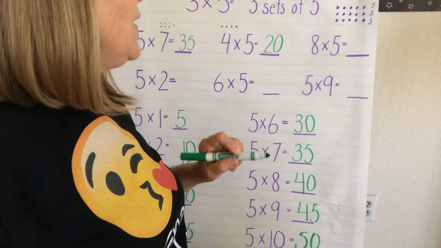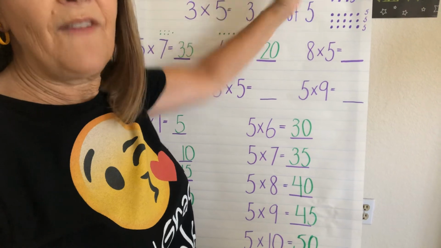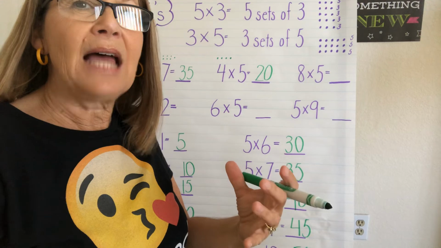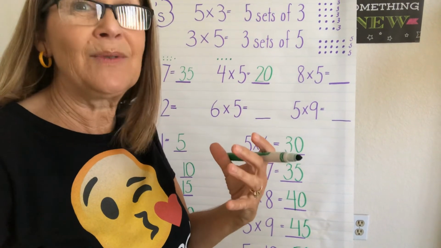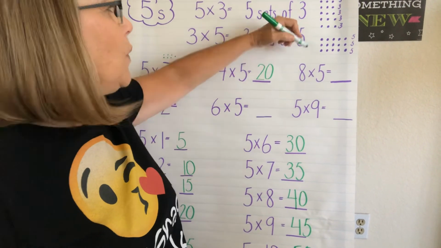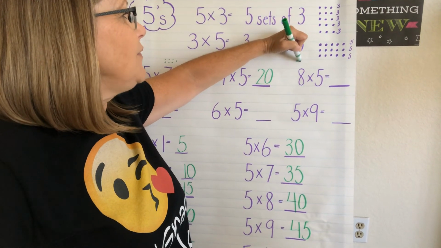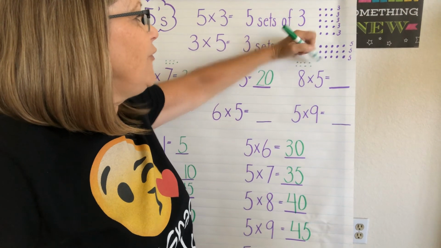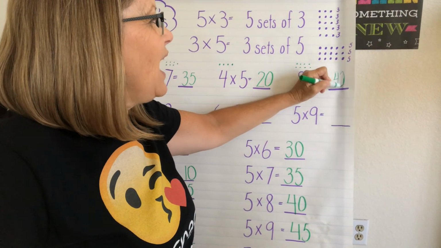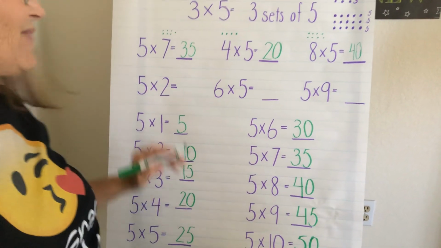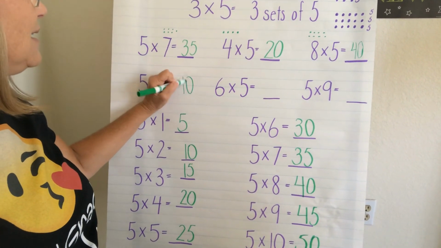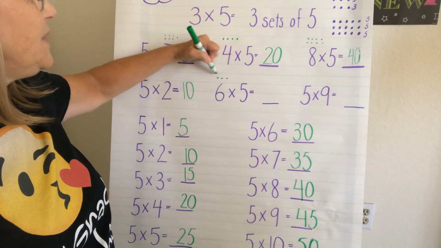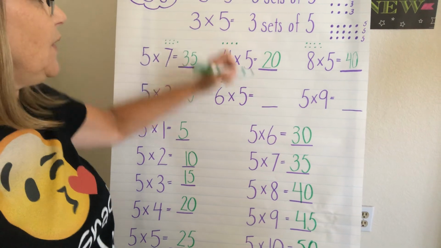8 times 5. And you know, I'm not going to make a row of 8. I want to be able to visually see when I've drawn 8 dots so that I can stop counting. So I'm going to do 2 rows of 4. Help me count, friends. 5, 10, 15, 20, 25, 30, 35, 40. And 8 times 5 is 40. 2 times 5 is 10. 6 times 5. 5, 10, 15, 20, 25, 30.